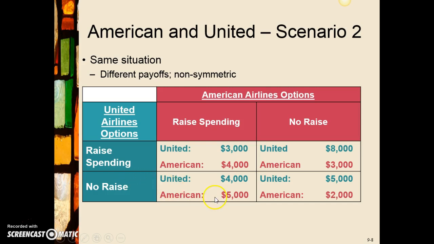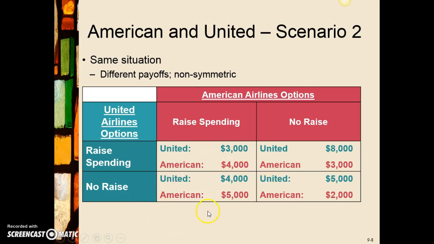And so what's really critical here is to know that since United knows American has a dominant strategy, United also knows that American will raise their spending no matter what. And so since American is going to raise their spending no matter what, United Airlines is going to choose not to raise. And so this cell here is going to be the equilibrium.